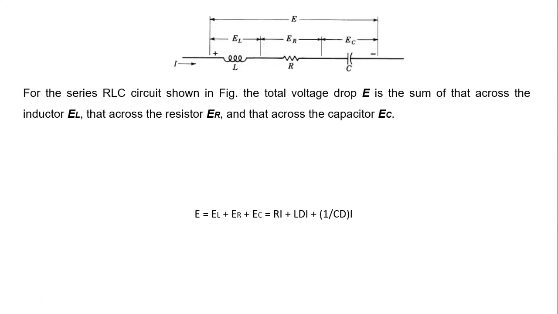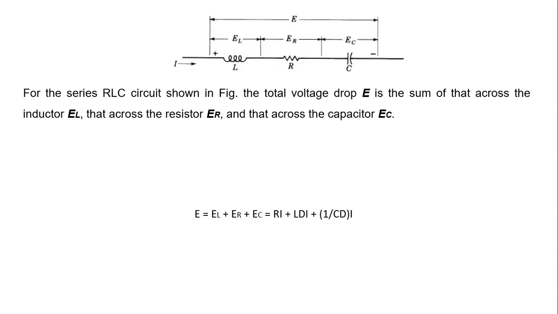Now we will study the RLC series circuit. You can see three elements: inductor, resistor and capacitor. EL is the voltage drop across the inductor, ER is the voltage drop across the resistor, and EC is the voltage drop across the capacitor. E is the total voltage drop across the inductor, resistor and capacitor, and I is the current flowing through the circuit.